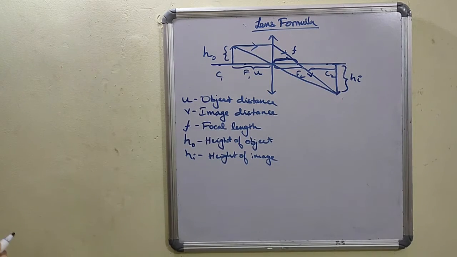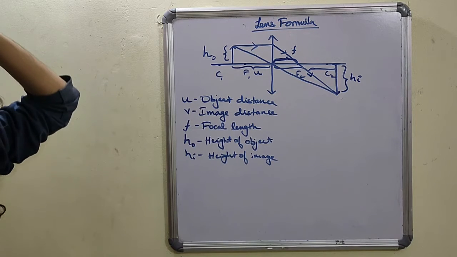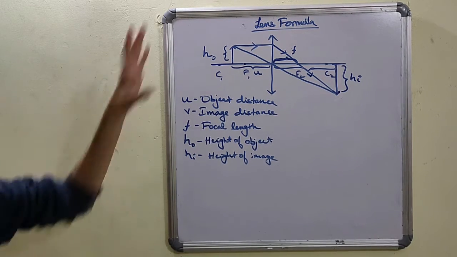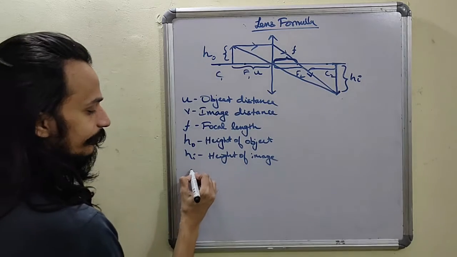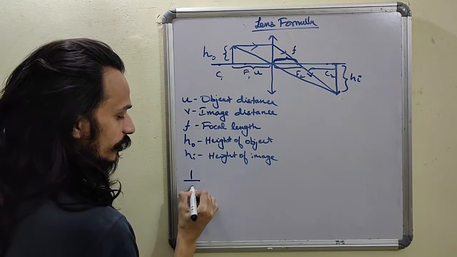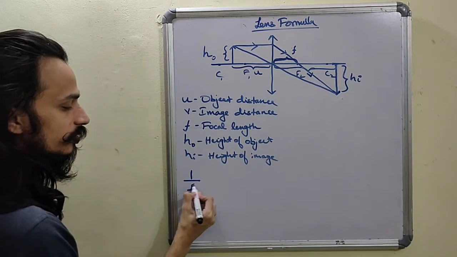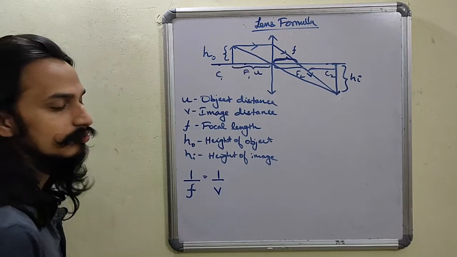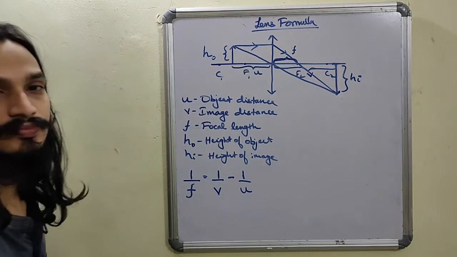Right. So if we know these values or some of these values, we can find the unknown values using a certain formula. The lens formula goes like this: 1 by f, that is the inverse of focal length, equals 1 by v minus 1 by u.